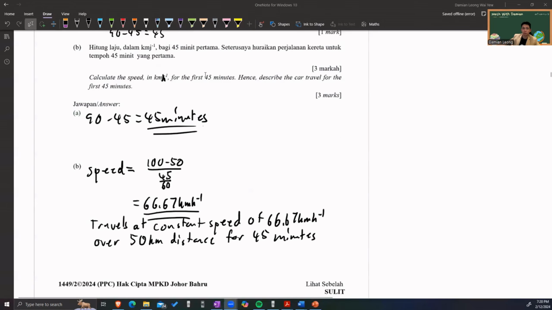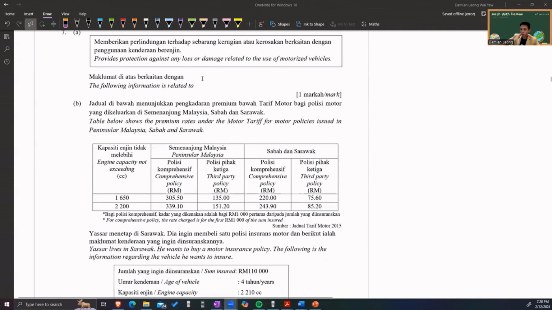Then question 7. The following information is related to protection against any loss or damage related to the use of a motorized vehicle. So related to the use of a motorized vehicle would basically be motor insurance.